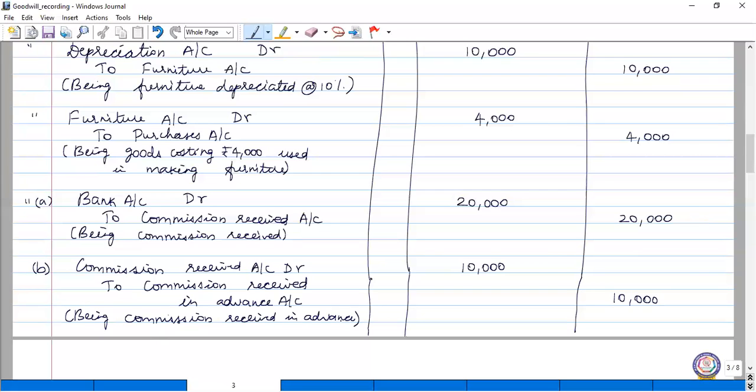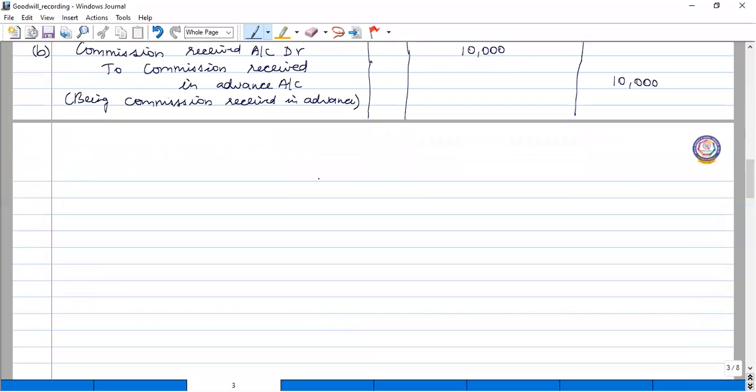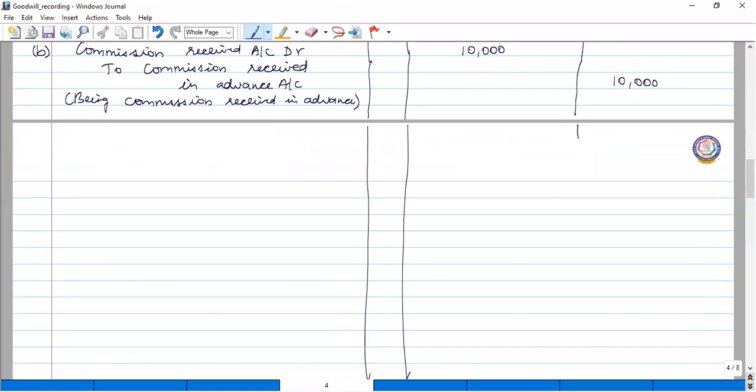Now, next one. Allow interest on capital rupees 8,000. Interest on capital is the interest which is paid by the business to the proprietor. So it is an expense to the business, so we have to debit the interest on capital account.